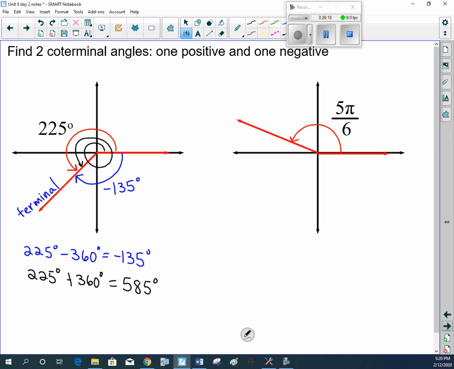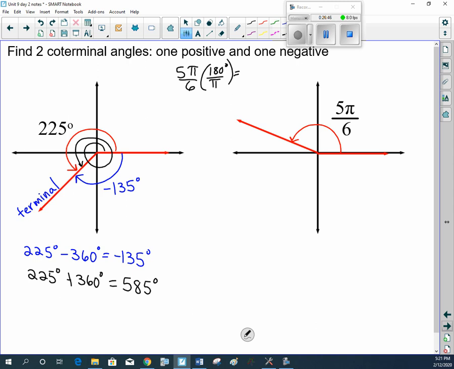Okay, so this time I'm in radians, which I know is really buggy, and you should get used to working in radians. You could convert it to degrees if you want. Anytime the original problem is given in radians, you have to give your answer in radians. So if you want to convert, you can, by multiplying by 180 degrees over pi.